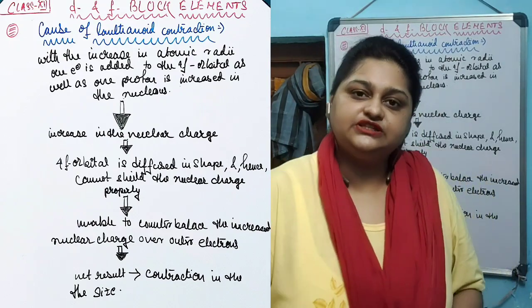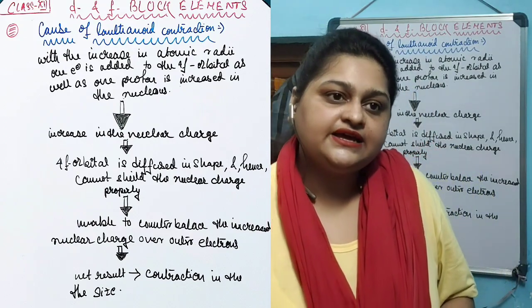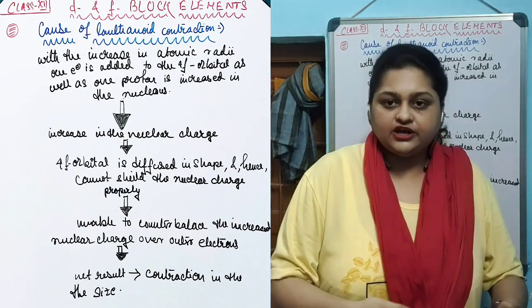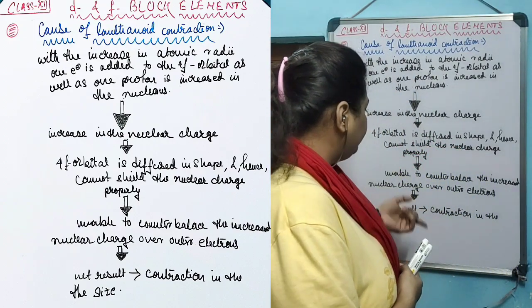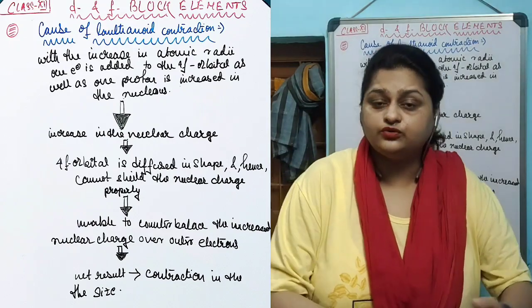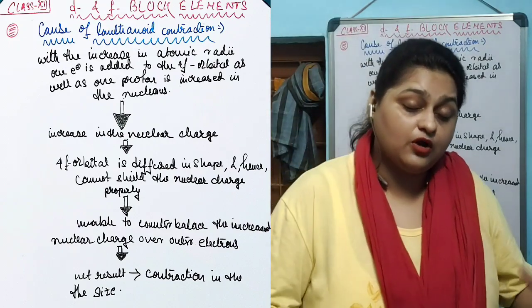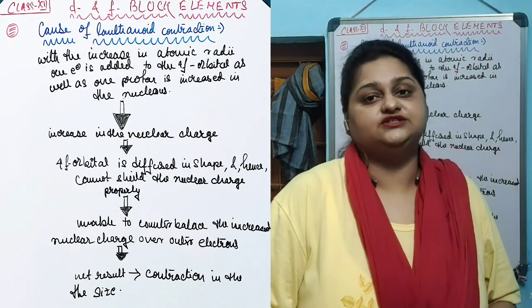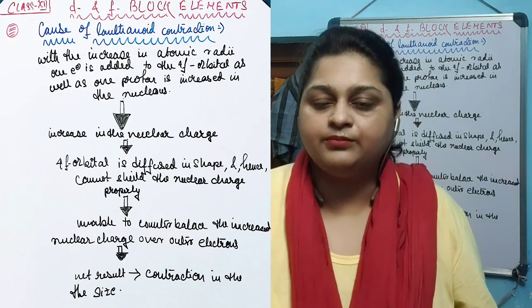As a result of this poor shielding, the 4f electrons are unable to counterbalance the increased nuclear charge over the outermost electrons.